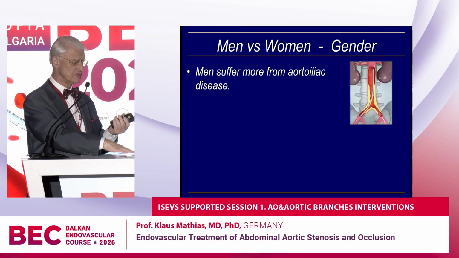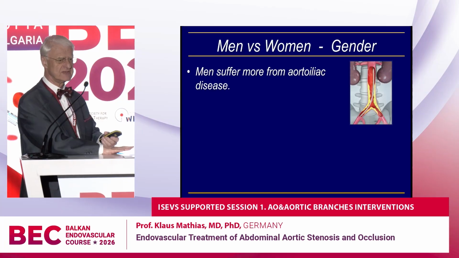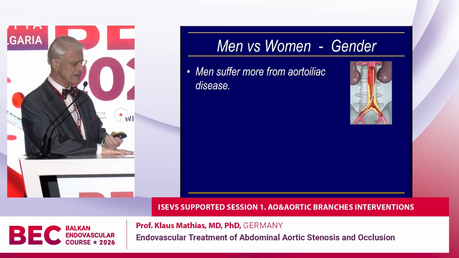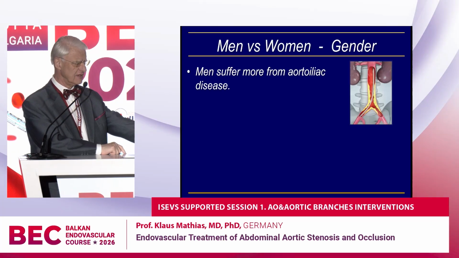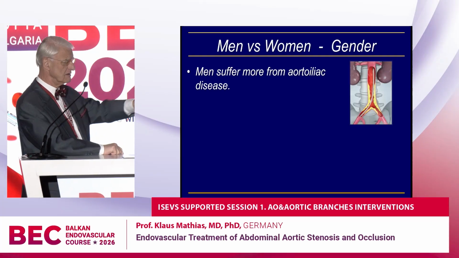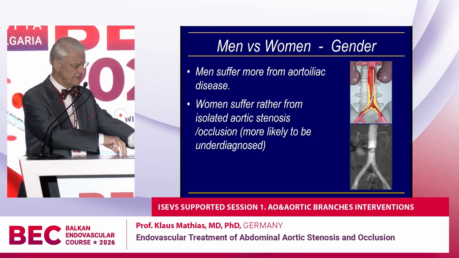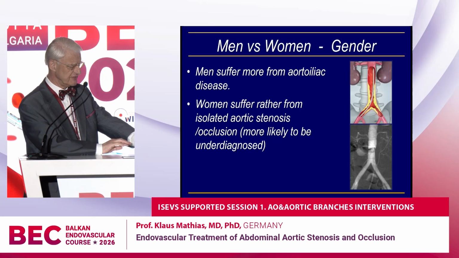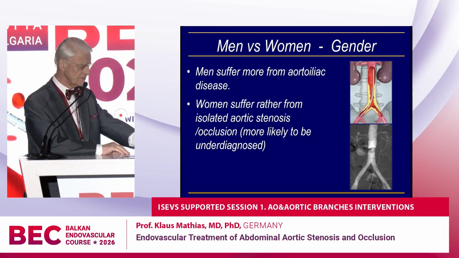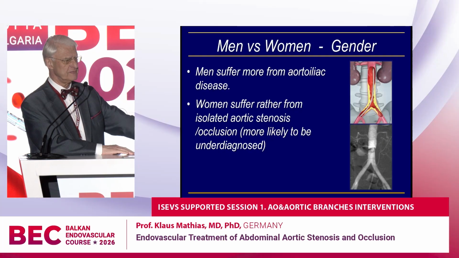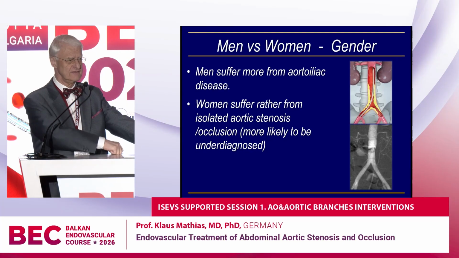That was something which was a little bit surprising for us, because with peripheral arterial disease men are leading, but with aortic stenosis, we have seen more women than men with occlusion or stenosis of the abdominal aorta. You can speculate why that is the case.